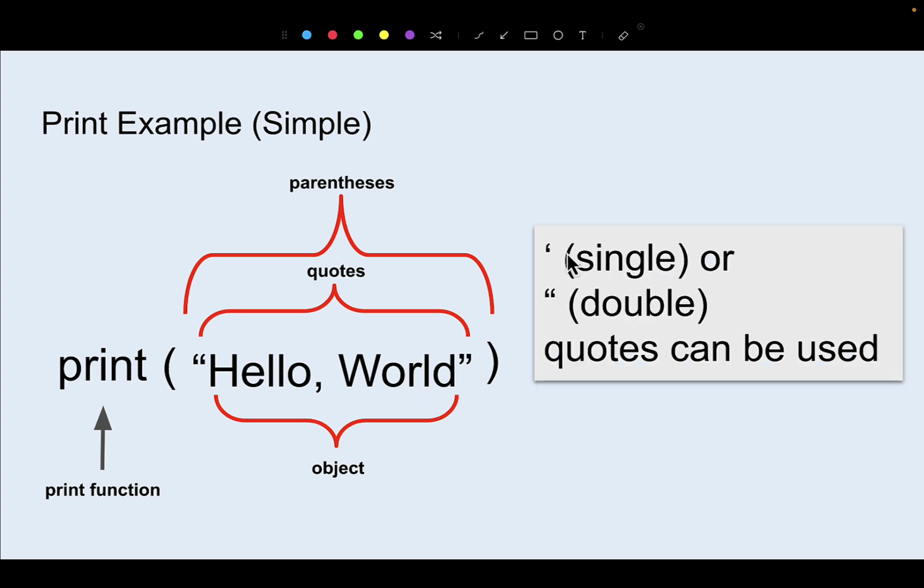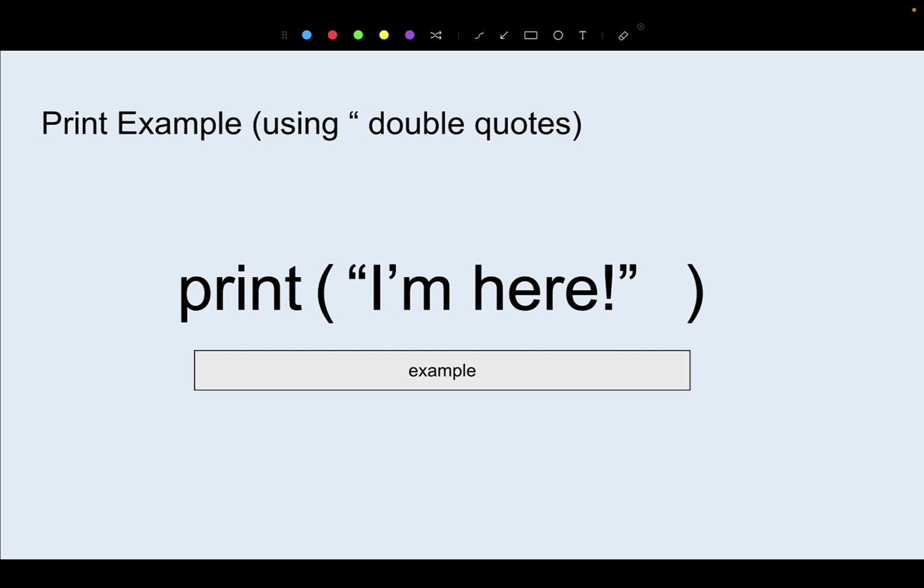Now again, we're able to utilize single or double quotes. This seems pretty easy, but there are different conditions where things may not work out the way you think they're going to. Let's look at this one: print I am here. You notice that we have a combination of a double quote and then a single quote.